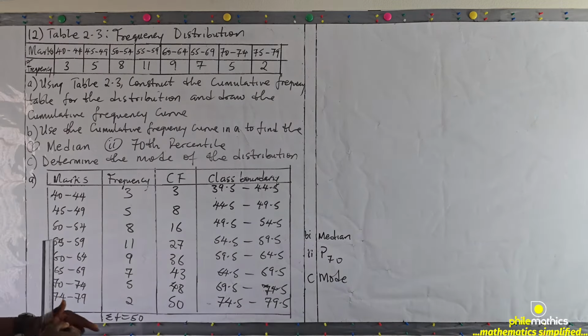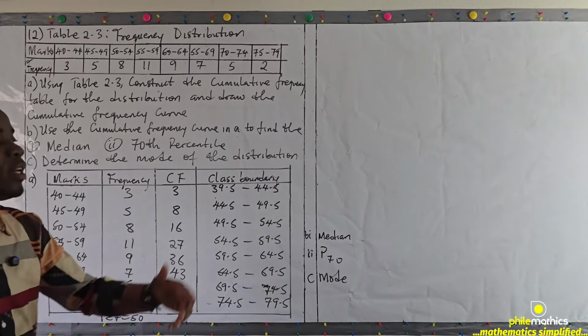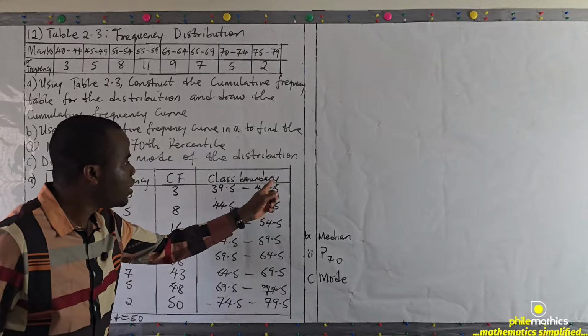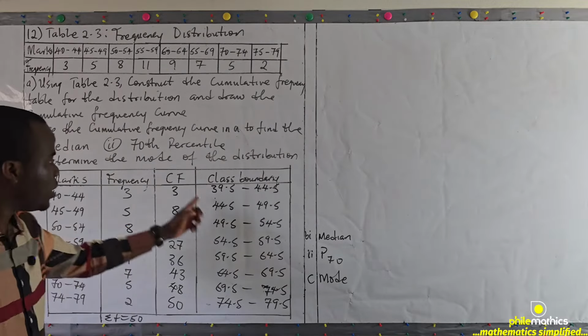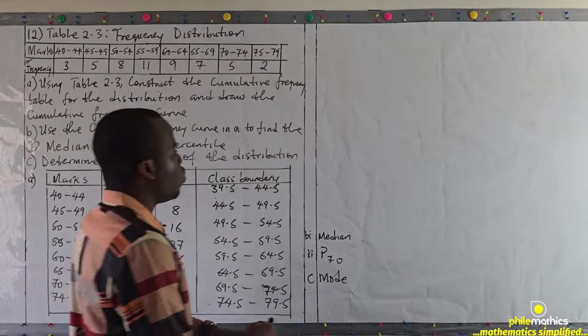Now, for us to plot the cumulative frequency curve, we will need this upper class boundary with this cumulative frequency. Since it terminates at 50, we'll sketch.